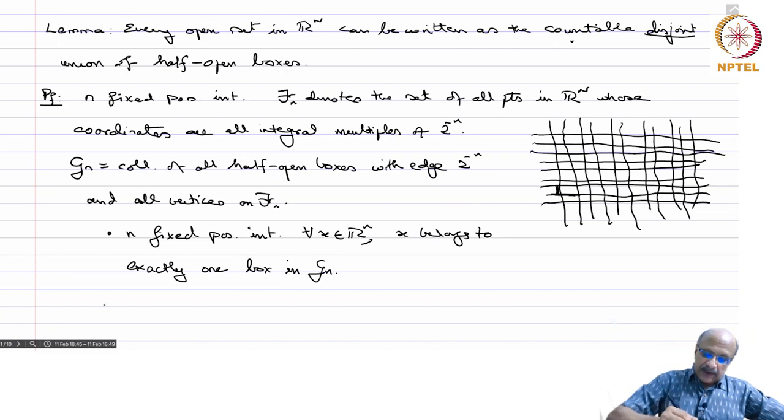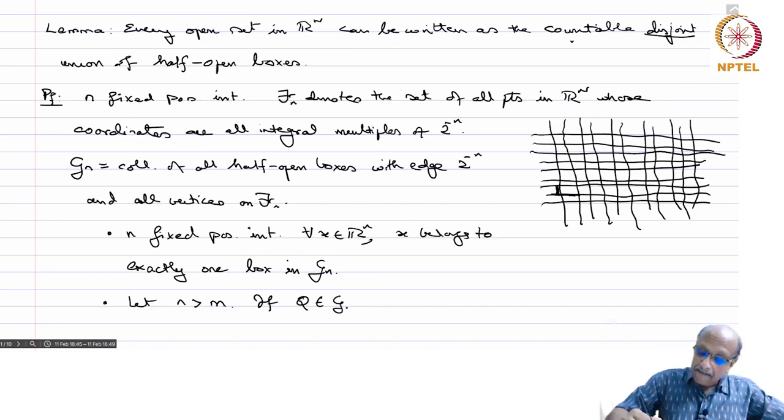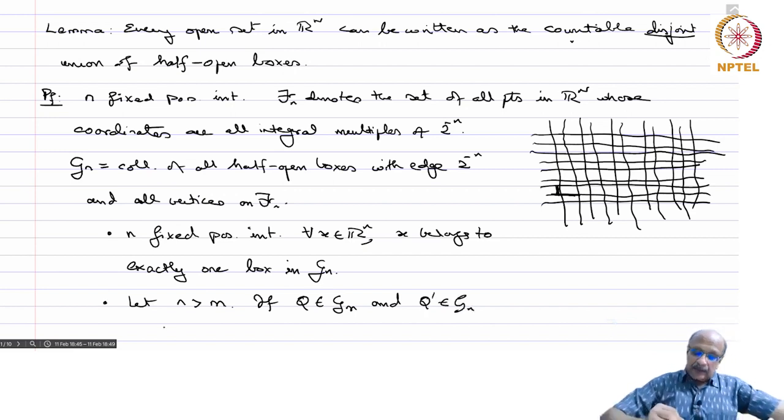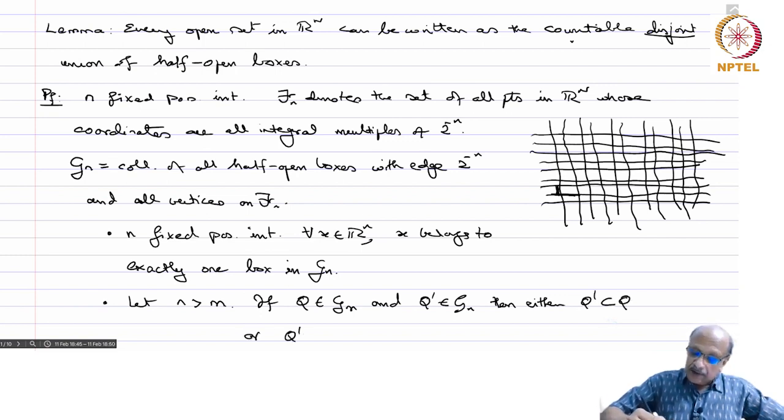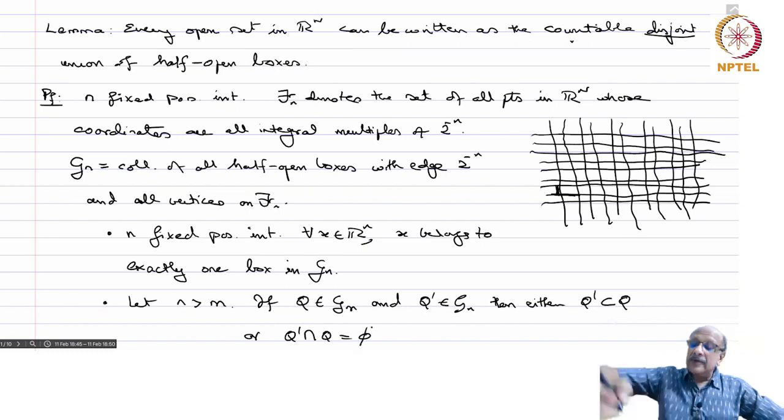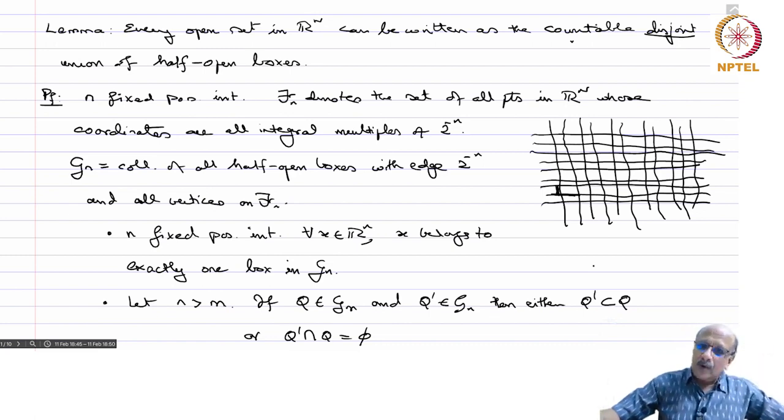So secondly, let n be bigger than m. If Q belongs to G_m and Q dash belongs to G_n, that means n is bigger than m, so Q dash has a smaller size than Q. Then either Q dash is contained in Q or Q dash intersection Q will be empty, because you are subdividing each cube by 2 and therefore every new cube must be either a part of the old cube or it will be somewhere else.